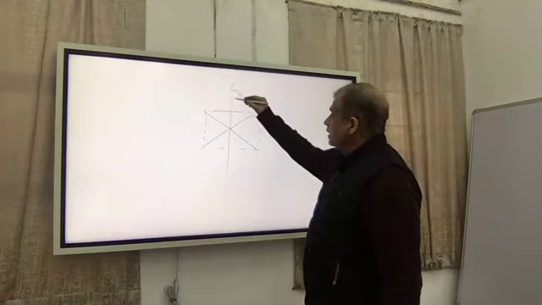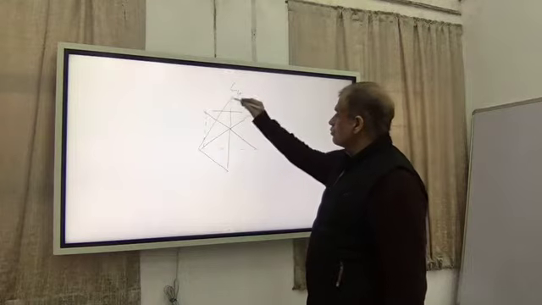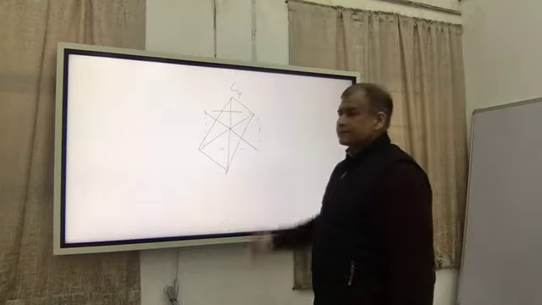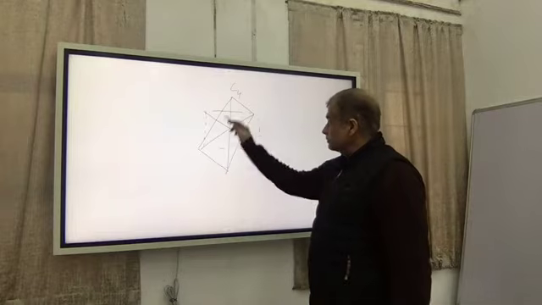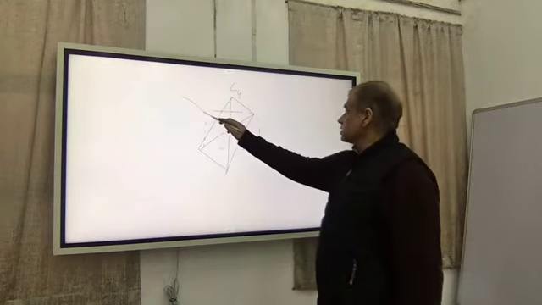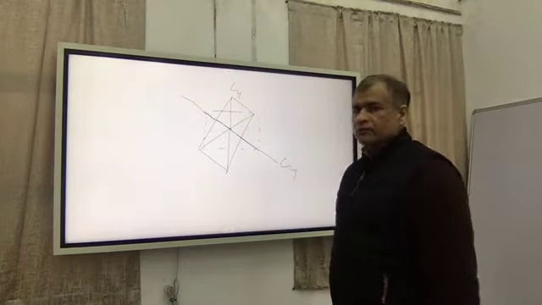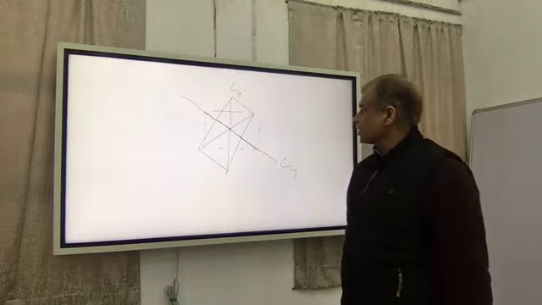Similarly, we can visualize a square plane by joining these two and like this. Then perpendicular to this square plane, this axis will exist as C4. Okay.